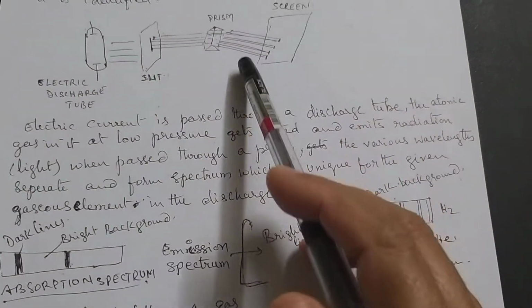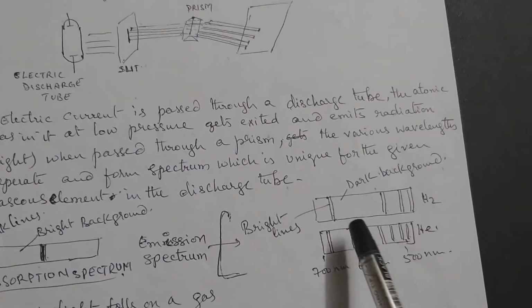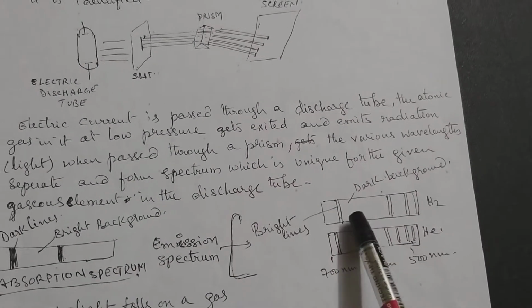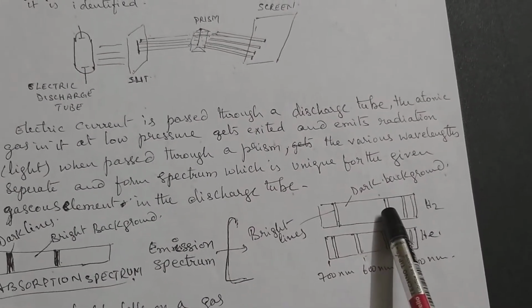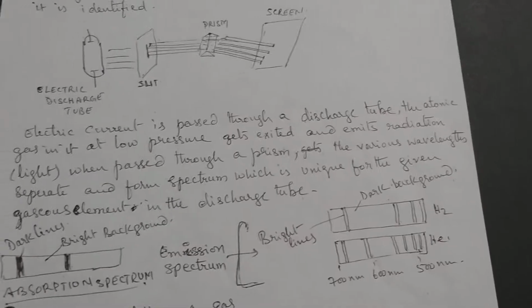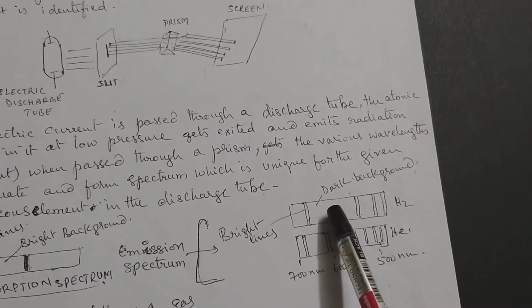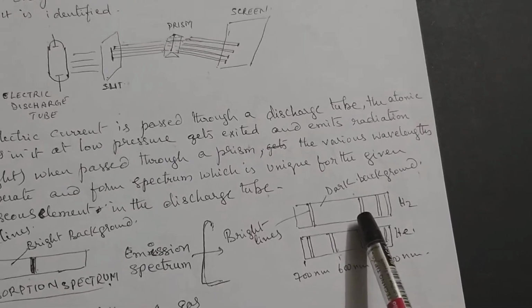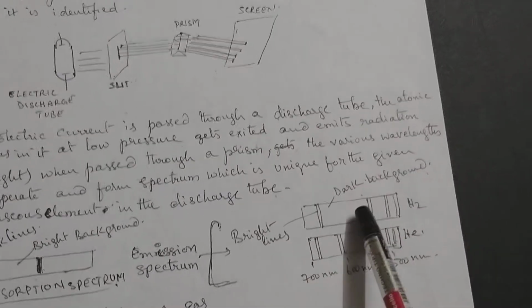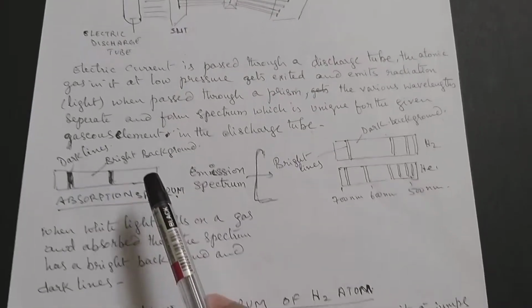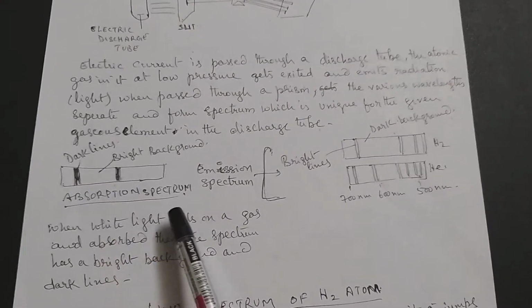The spectrum so obtained consists of a bright background with dark lines, or a dark background with white lines. A dark background with white lines is called emission spectrum, and a bright background with dark lines is called absorption spectrum.